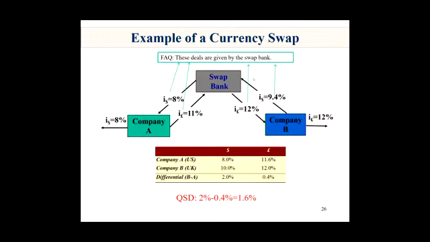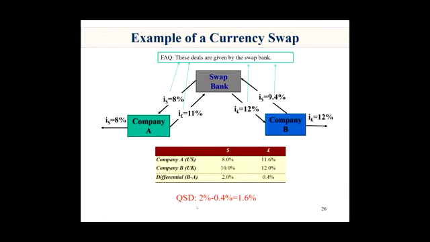And then they pay the swap bank 9.4% in US dollar denominated debt. If Company B had borrowed in US dollars, how much would Company B have paid? They would have had to pay 10%. What are they paying under the swap? 9.4%. So Company B is better off, right?